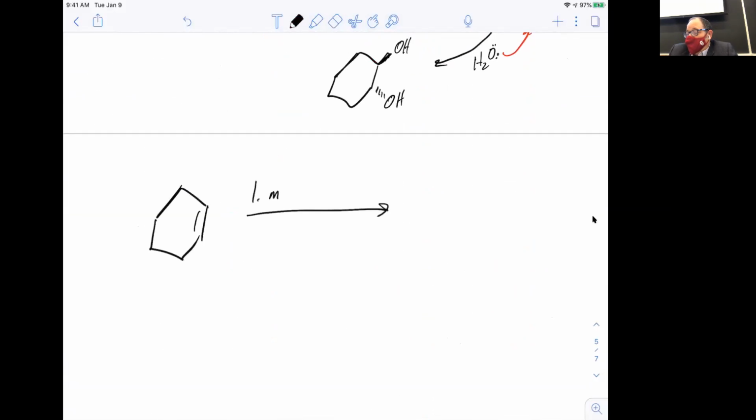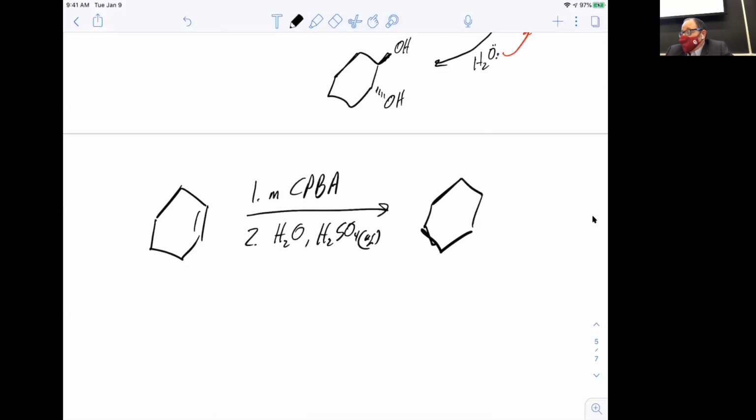So let's say we use MCPBA, and it's the PBA you need to recognize, followed by then water and sulfuric acid. And let's put aqueous there. Okay. Questions about this one?